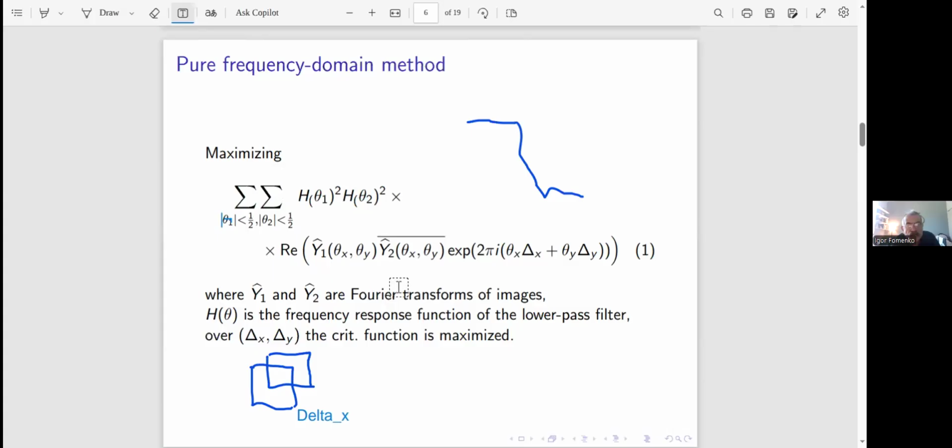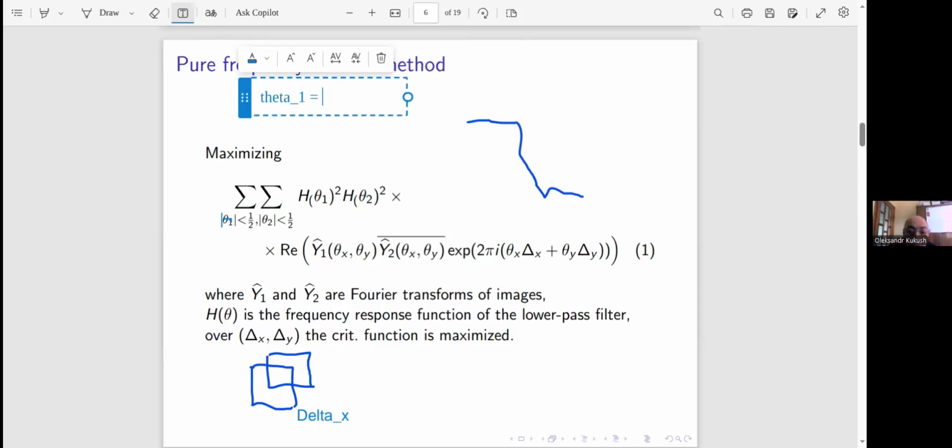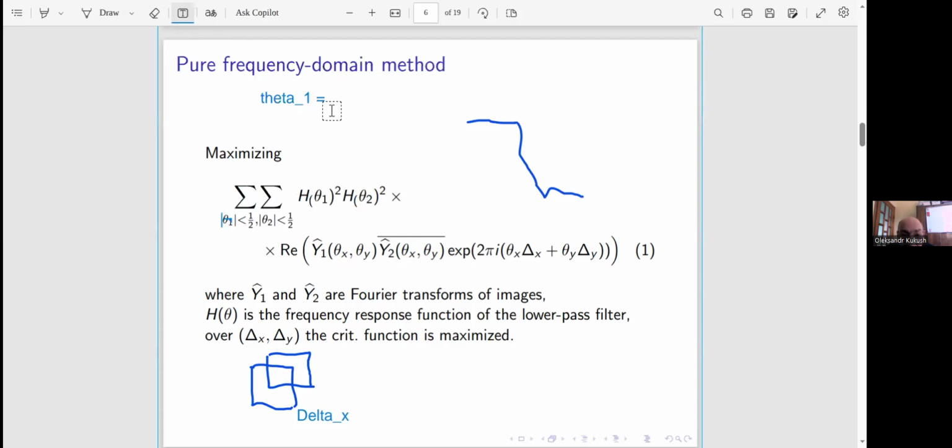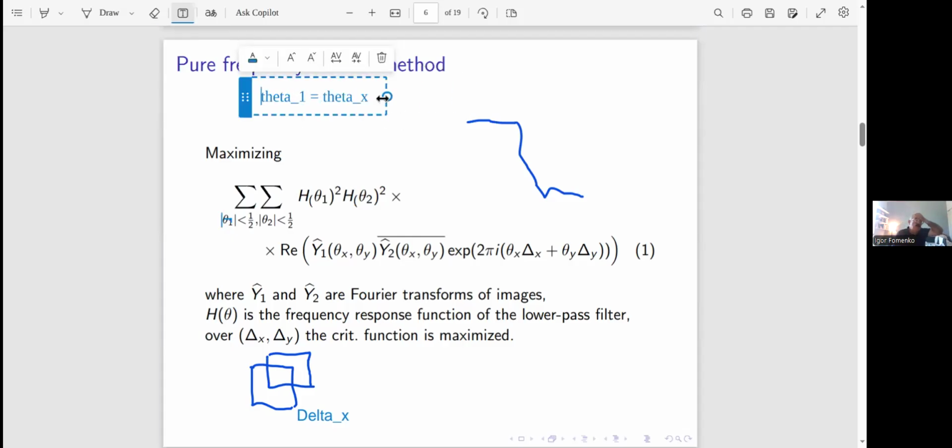Under the exponent, it should be theta 1 and theta 2 instead of theta x and theta y. And then summing over all of them. Now everything is clear.